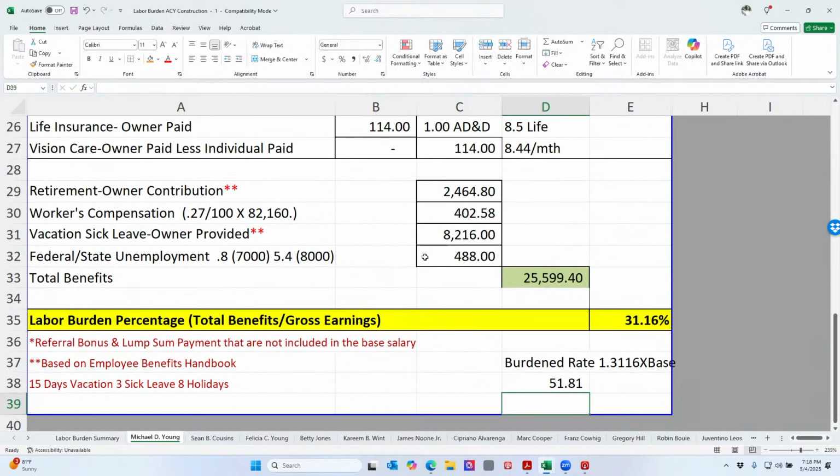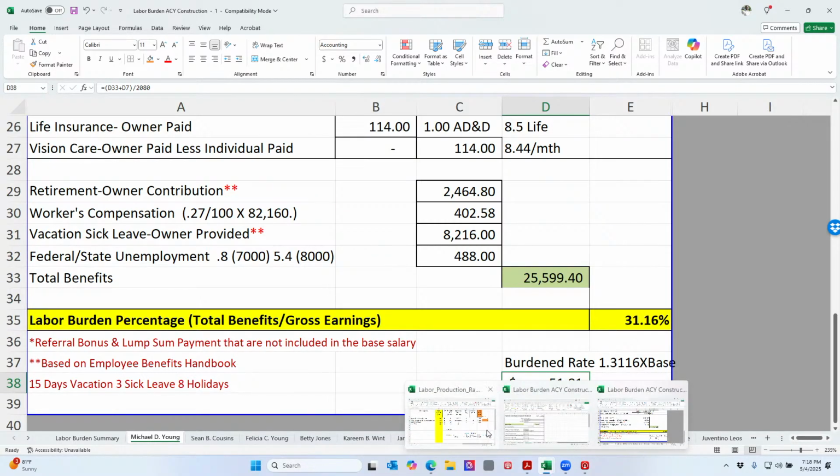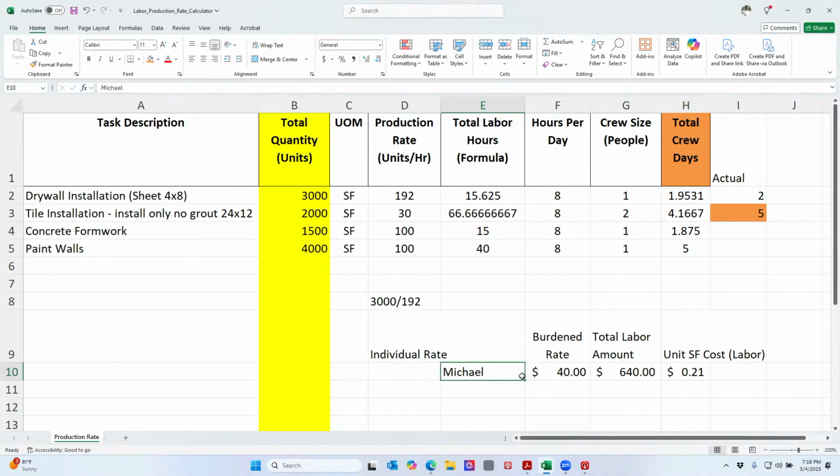That tells me this is now my loaded rate. Remember when we did this exercise, I said, I think I'm $40. Well, really, I'm $51.61. That took my costs up. That's why it's important to make sure your burden rate is accurate.